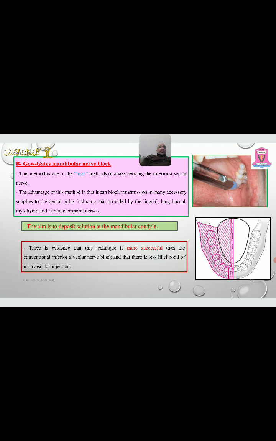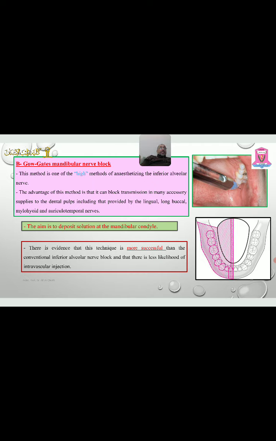This method is one of the high methods of anesthetizing the inferior alveolar nerve. The advantage of this method is that it can block transmission in many accessory supplies to the dental pulps, including that provided by the lingual nerve, long buccal nerve, mylohyoid, and the auriculotemporal nerve.